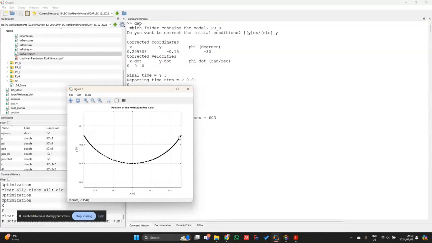And we can see that it does start over here at minus 0.25, or sorry, 0.2598. If I look at the bottom over here, I can see those coordinates match. And we can see it's some sort of an oscillating motion that I have over here. The points are a bit more dense over here at the edges, and that is simply because of the acceleration and deceleration over here as it's moving and reaching a maximum velocity here at the bottom.